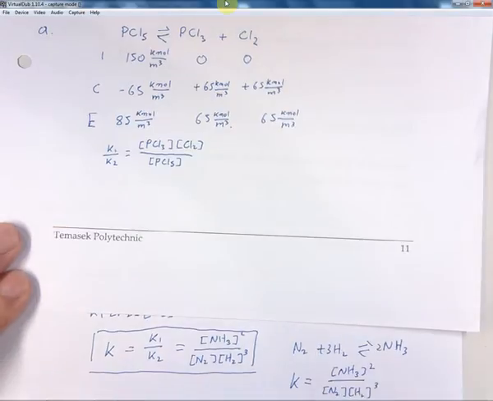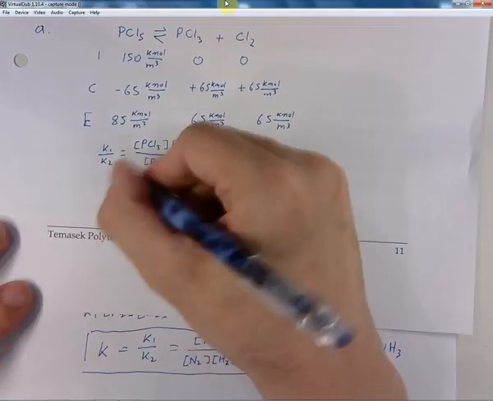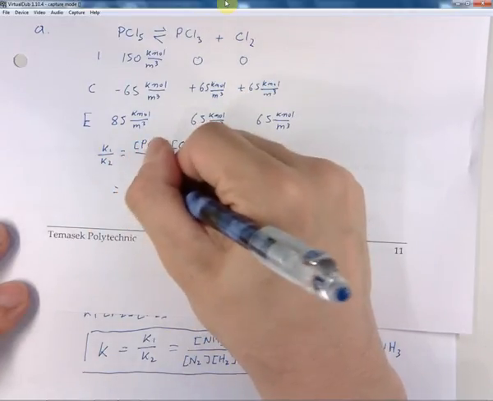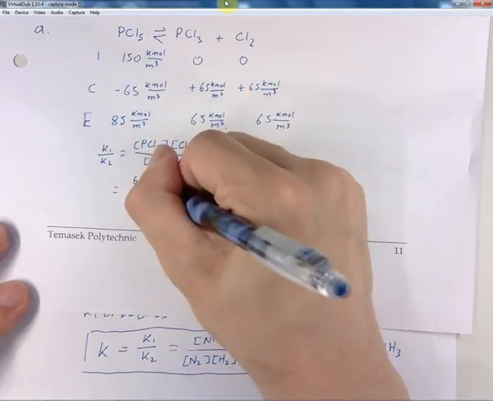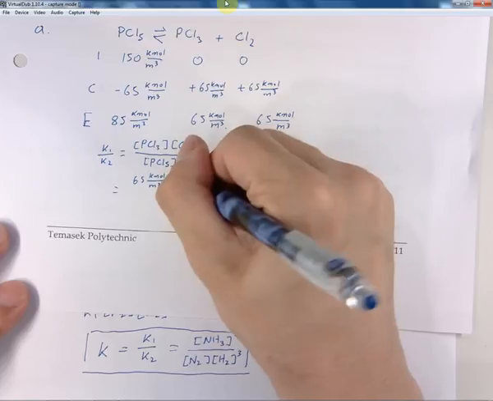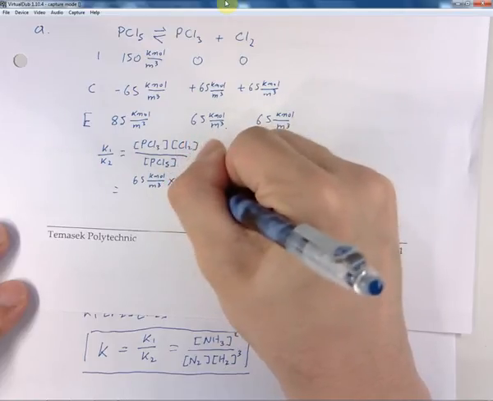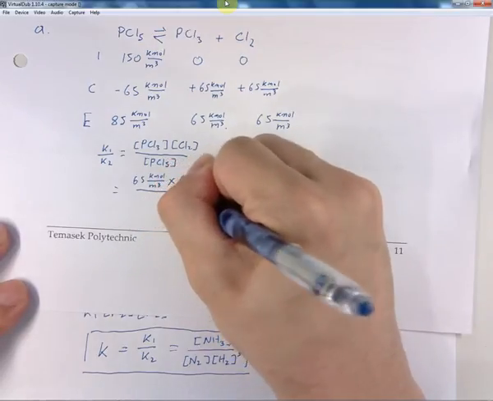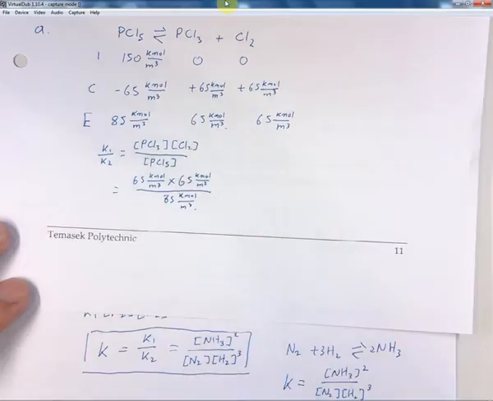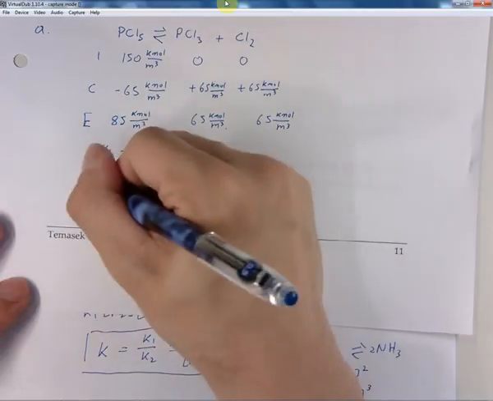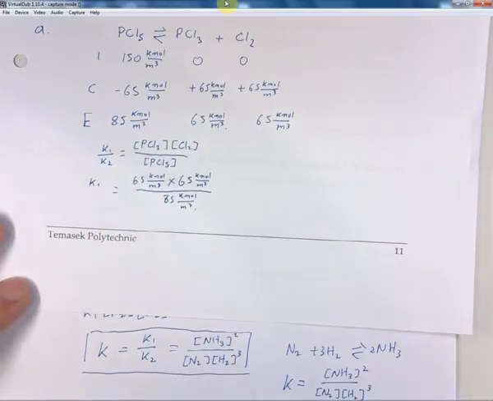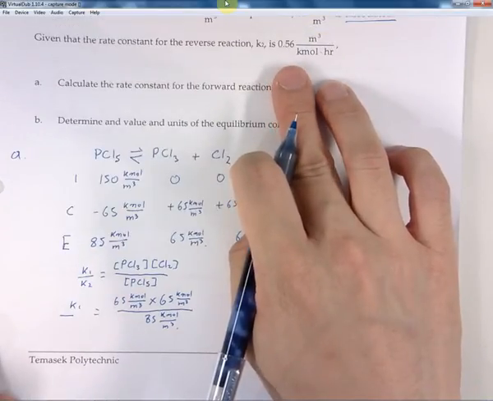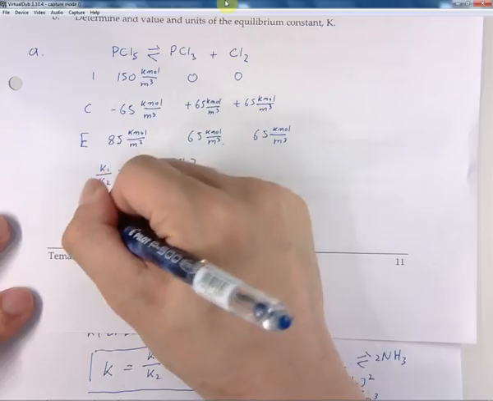And do note that we are using equilibrium concentration. So PCl3 we have 65. Cl2 also has 65 kilomole per meter cube. PCl5 we have 85 kilomole per meter cube. And K1 is the value we want to find. K2 is given as 0.56 meter cube per kilomole per hour.